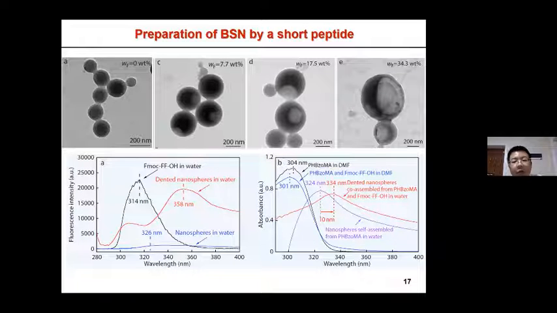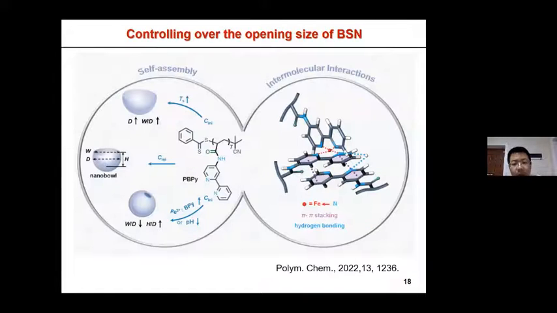Also, with the increase of the weight percentage of the short peptide, the opening size of the bowl-shaped nanoparticles also increased. Very recently, we systematically investigated the influence parameters on the opening size and preparation of bowl-shaped nanoparticles, such as temperature, initial concentration, pH value, and the addition of ferrous ions.